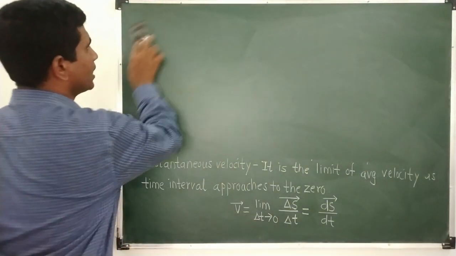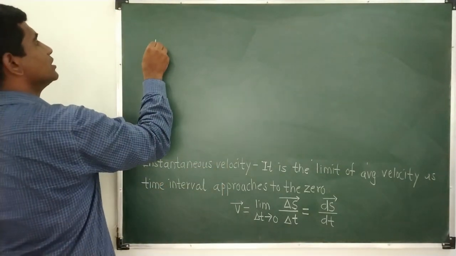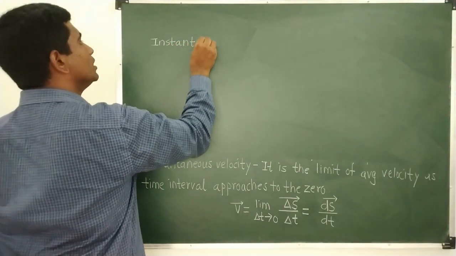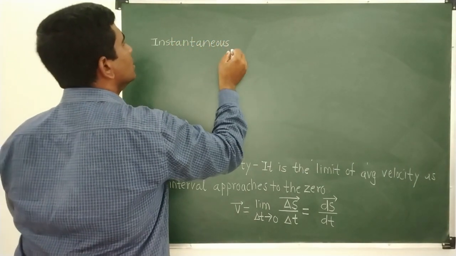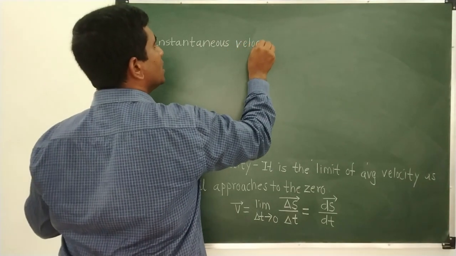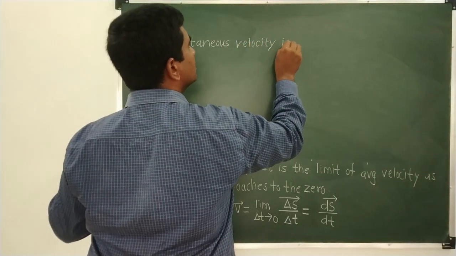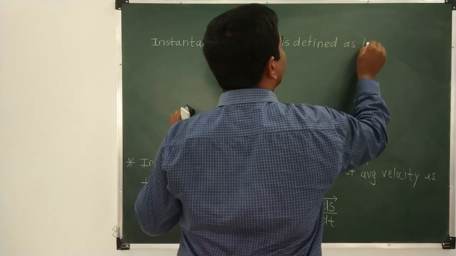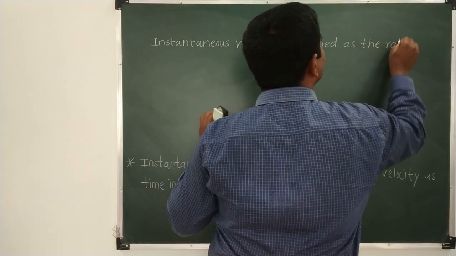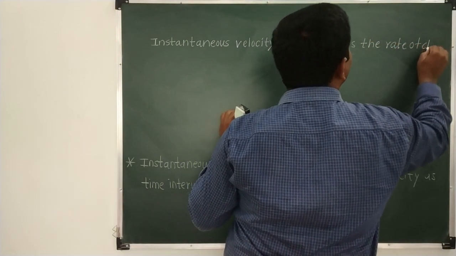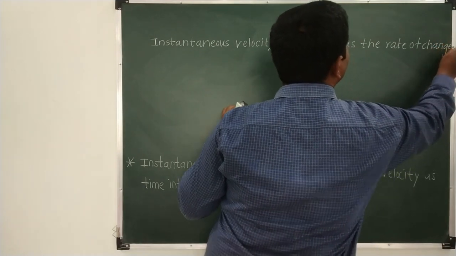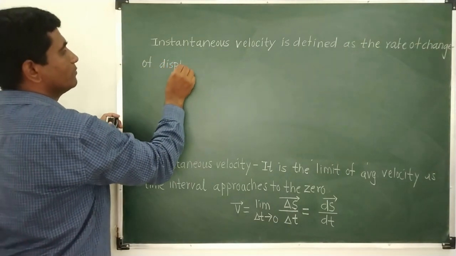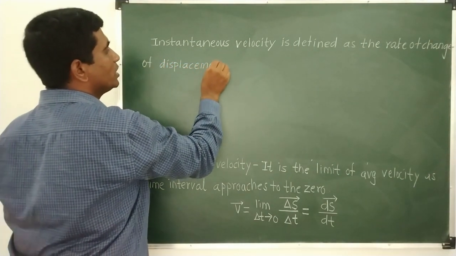Instantaneous velocity is defined as the rate of change of displacement with time.